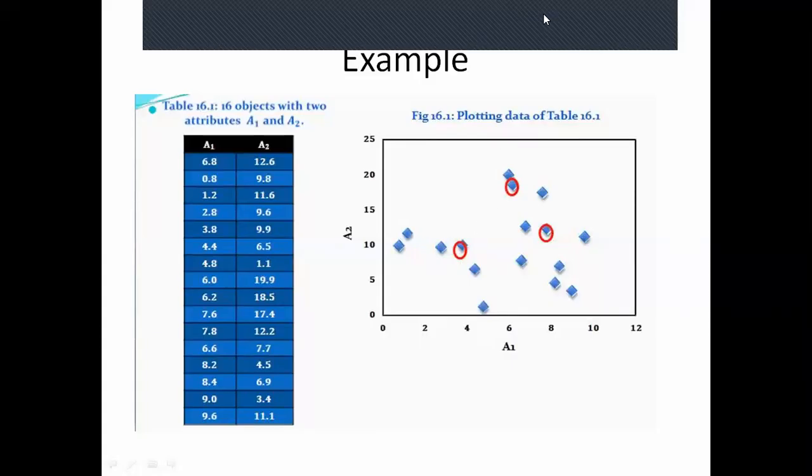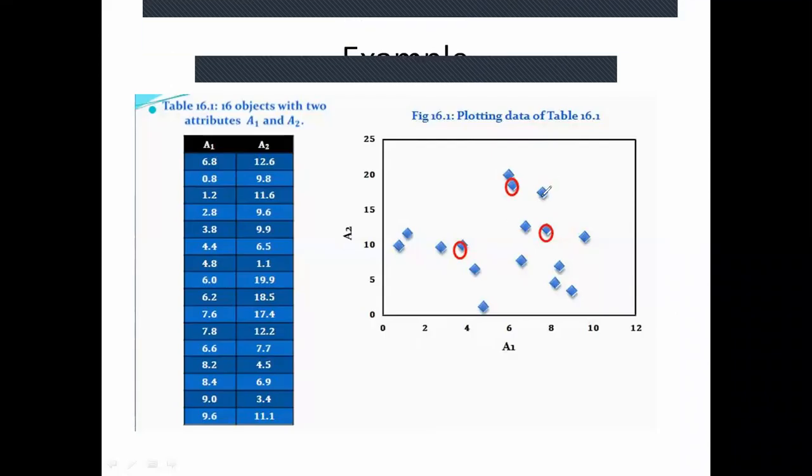Suppose I take this data point. I will find its distance from this point, this point, and this point. You can see that this data point will belong to this cluster, because it is closer to this one as compared to the other two.